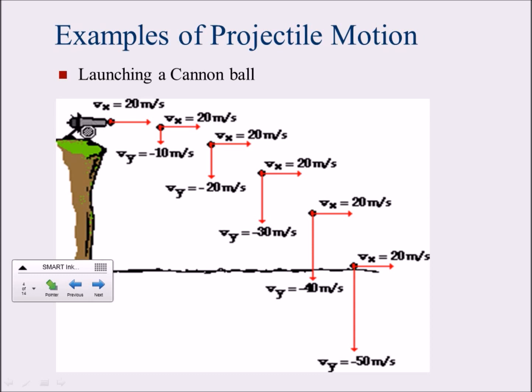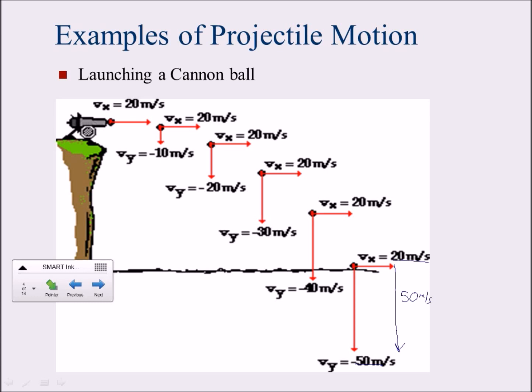And so let's look at the total velocity of the object right before it hits the ground. Right before it hits the ground, it has an x component of 20 meters per second, but it has a y component of negative 50 meters per second. And so the way that we would find that total velocity is I would draw these vectors using the tail to tip method. So I draw my x component of 20. I draw my y component of 50 meters per second downward.